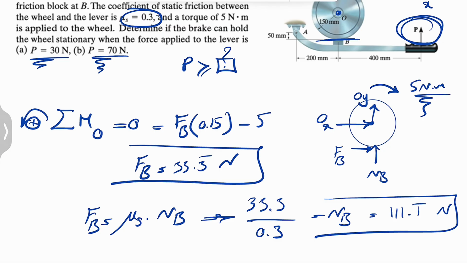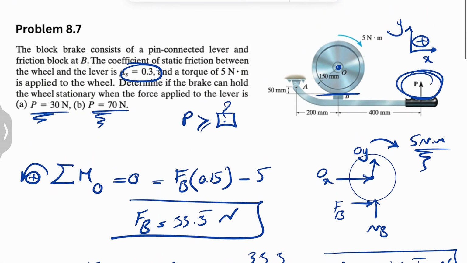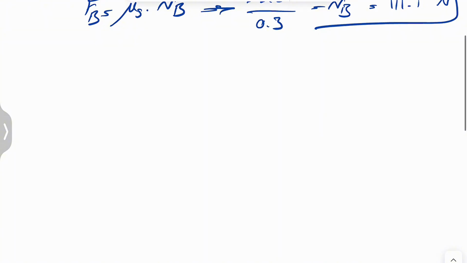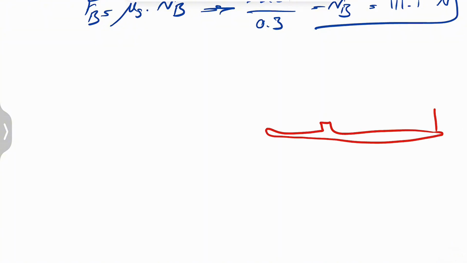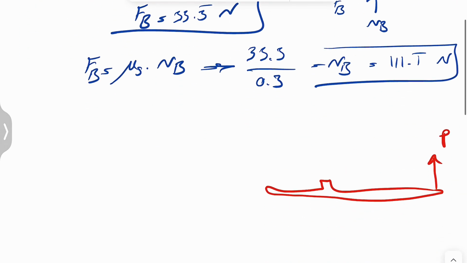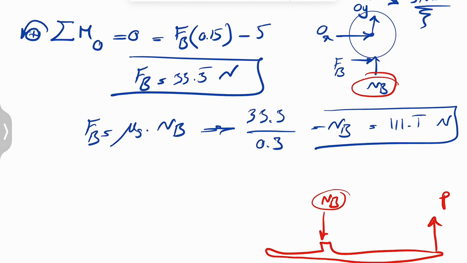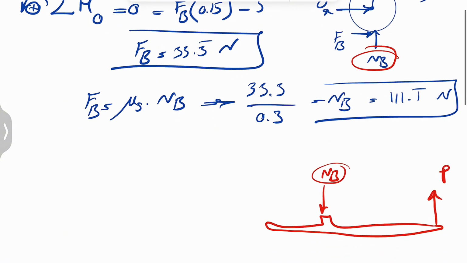Now that we have the normal force and friction, we can move on to the free body diagram of the brake. This part, and we're going to do the same thing. We're going to show all the forces that we have. So we have the force P applying here. We have the normal force NB. Keep in mind this has to be in the opposite direction of the previous free body diagram based on Newton's law.